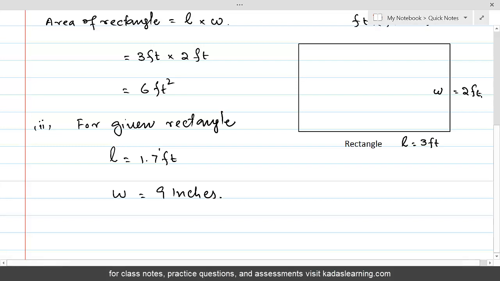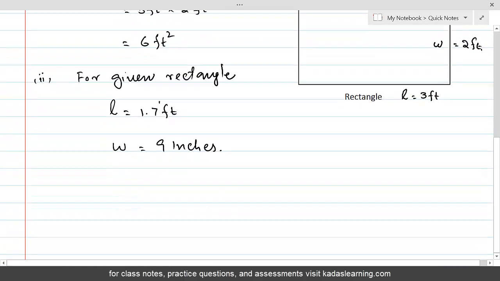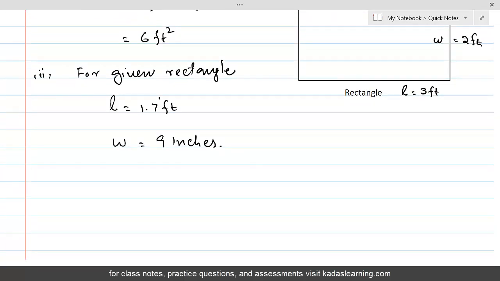Length is in one unit and width is in a different unit. Both must be in the same units. Length and width both either must be in feet or both must be in inches or whatever unit of length you are using, but both must be in the same units. Let us convert inches into feet, and then we will find the area for this rectangle.